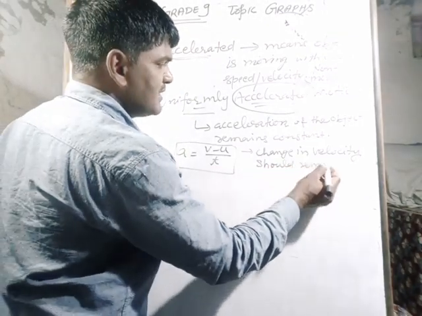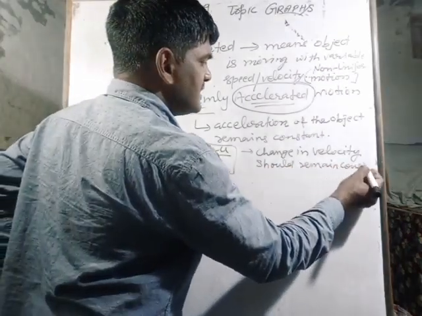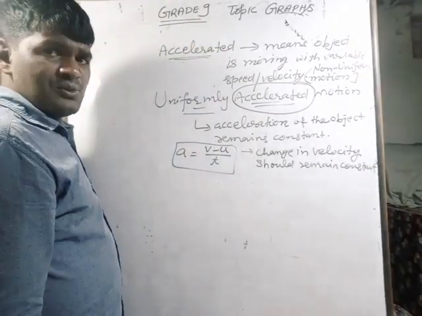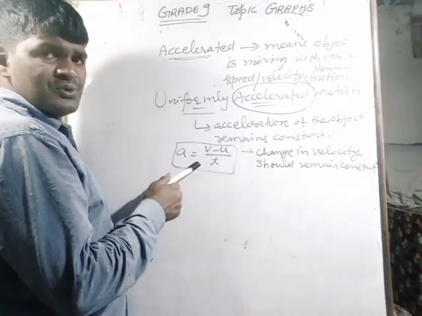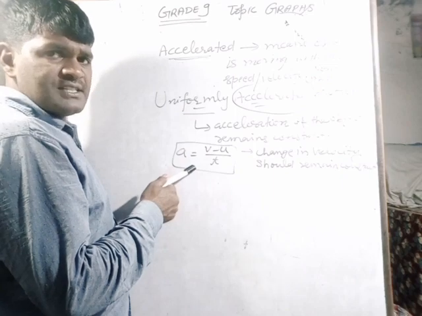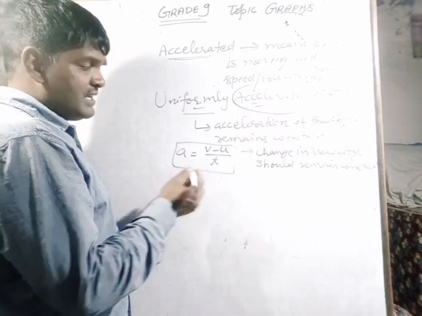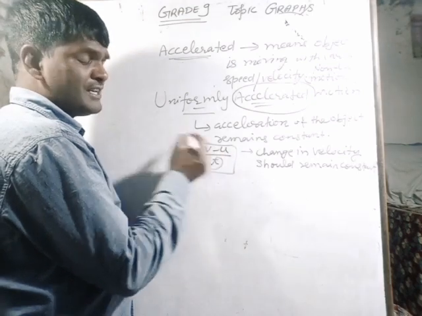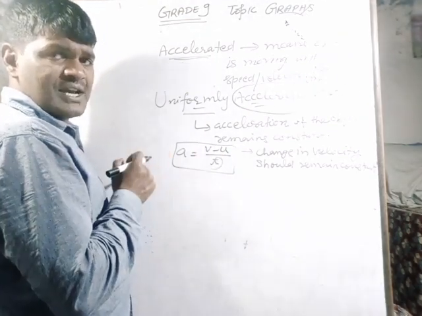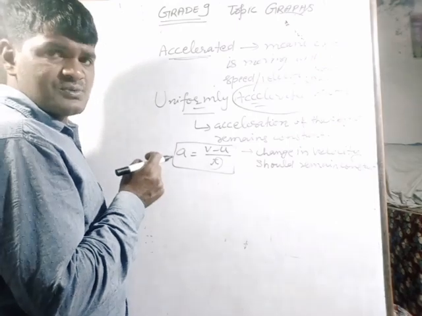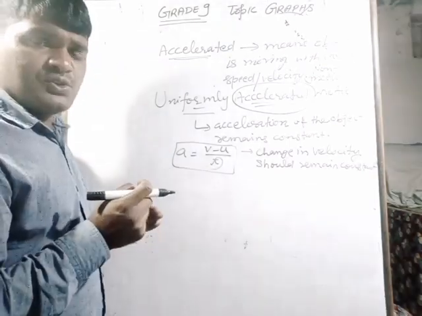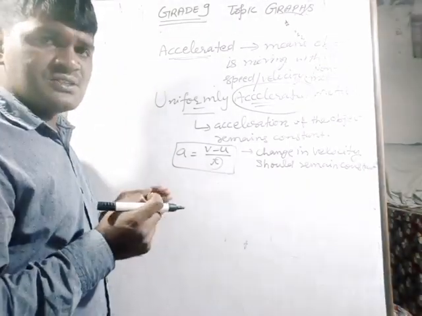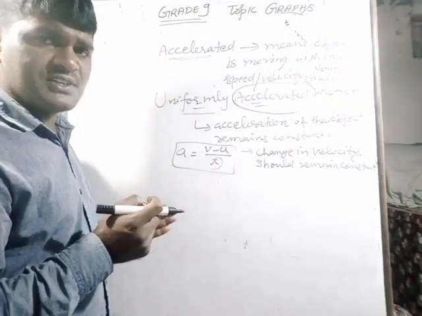Depending upon this formula, acceleration remains constant if for equal intervals of time this change, v minus u, remains constant. Only then we can say that the object is moving with uniform acceleration, and this type of motion is known as uniformly accelerated motion.